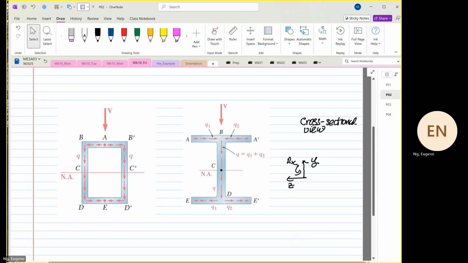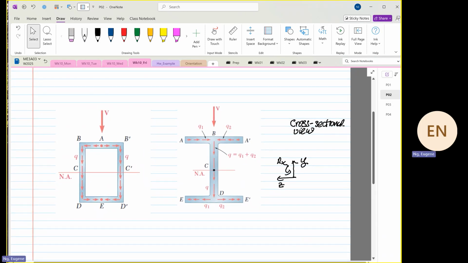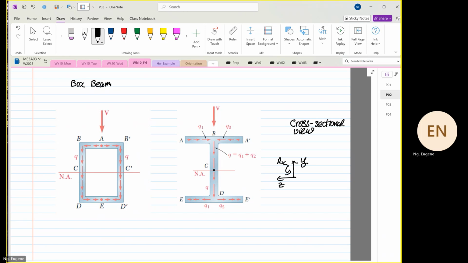Okay. Now, which one is known as a box beam? Anyone want to make a guess? The one that is enclosed, yes or no? So this over here is known as a box beam. And the one on the right is known as your wide flange.